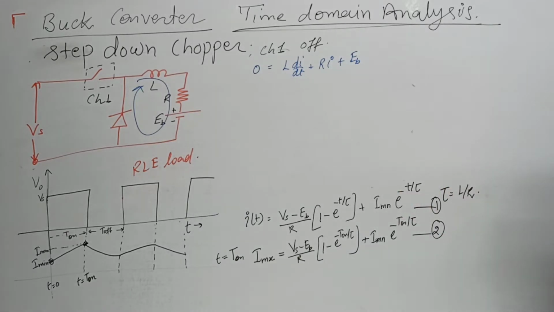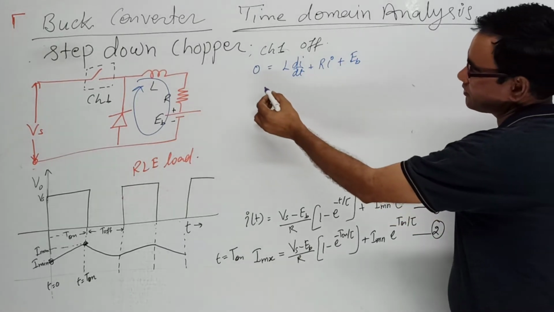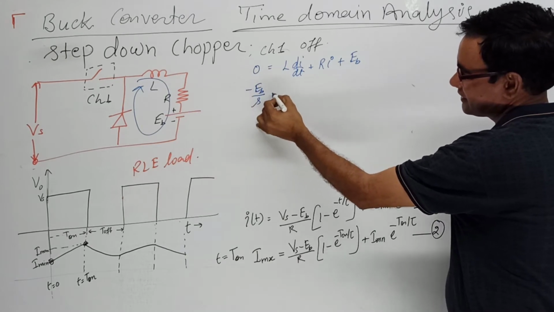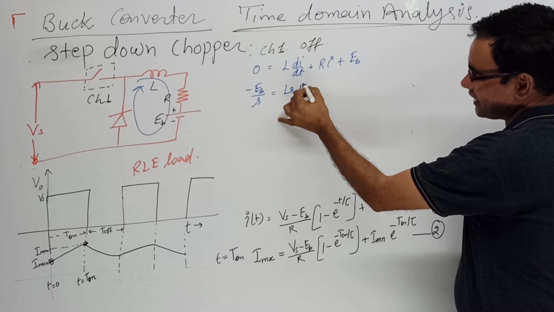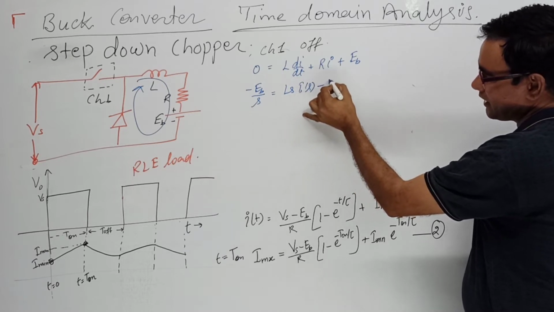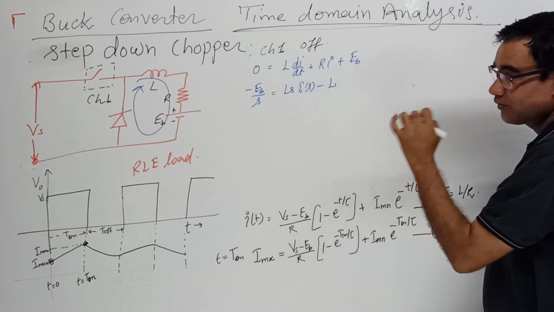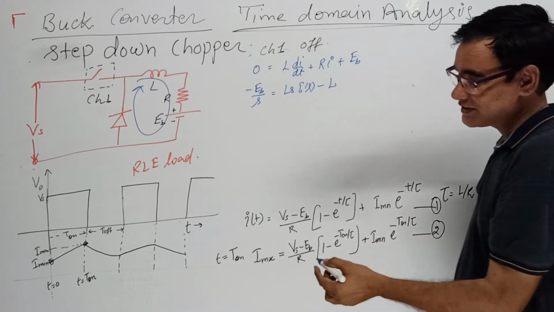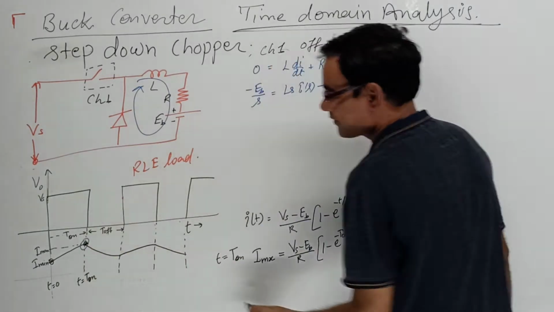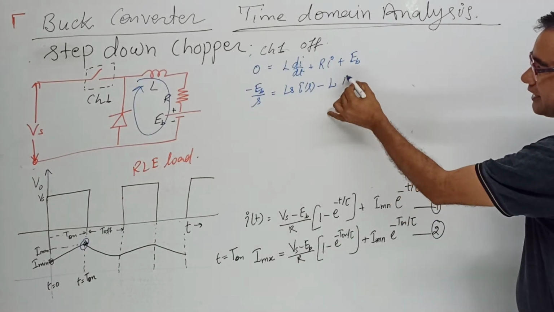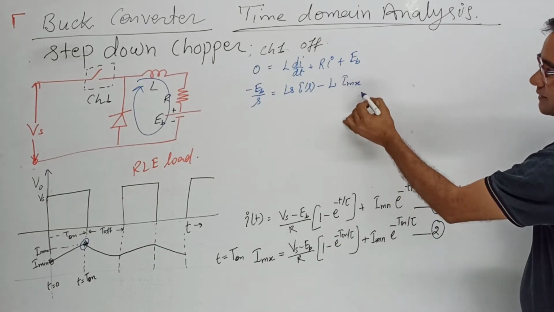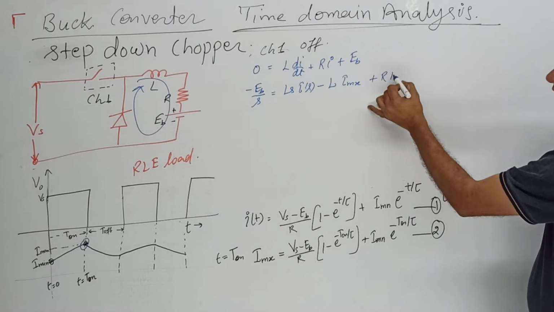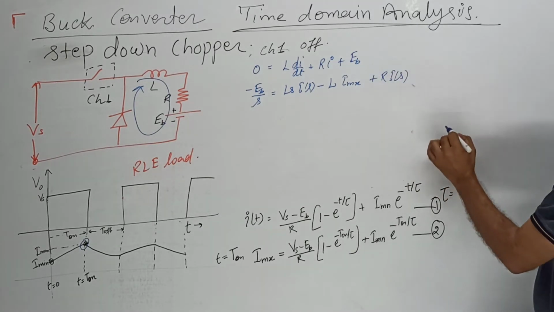By taking the Laplace transformation, minus Eb by s is equal to L s I(s) minus L times the starting value. This cycle starts with the value I max, so minus L I max plus R I(s).